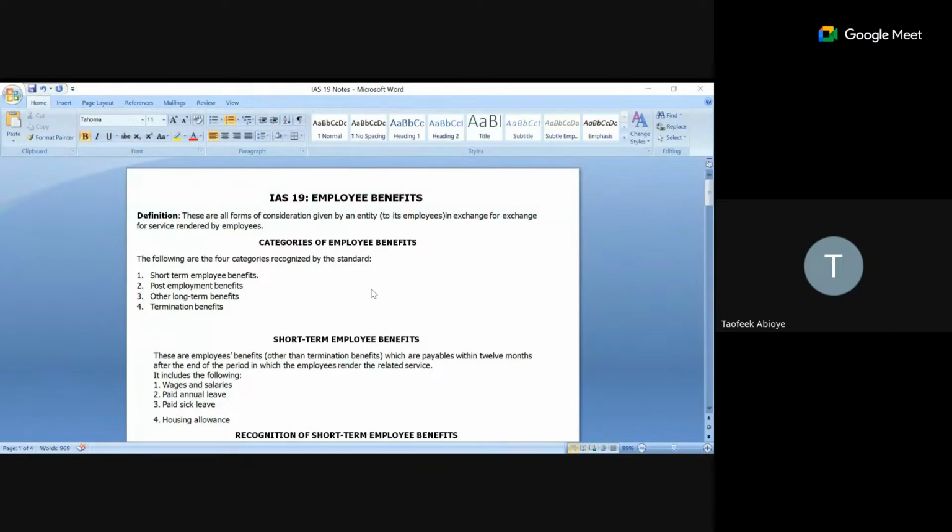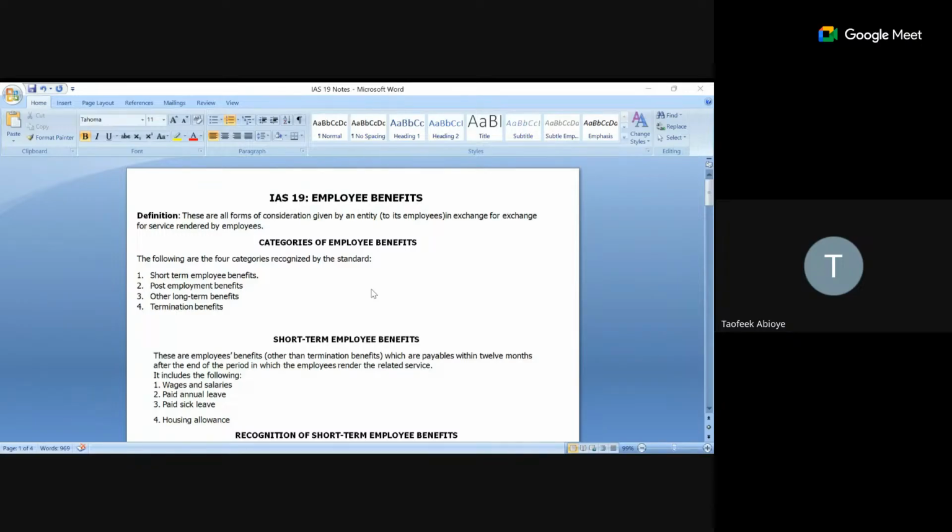IAS 19, employee benefits. So what is employee benefits? The standard's definition. Just like if you look at your group, there is one acronym that someone introduced that is going to benefit everybody, which is called DREAMS.